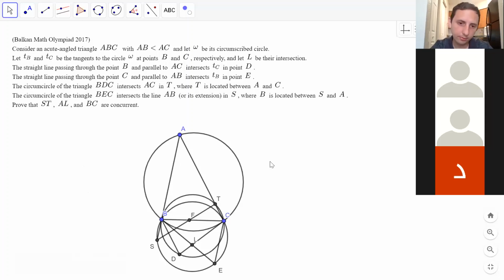So yeah, first, let's see how we can show BT is parallel to SC. So I think you just did it.